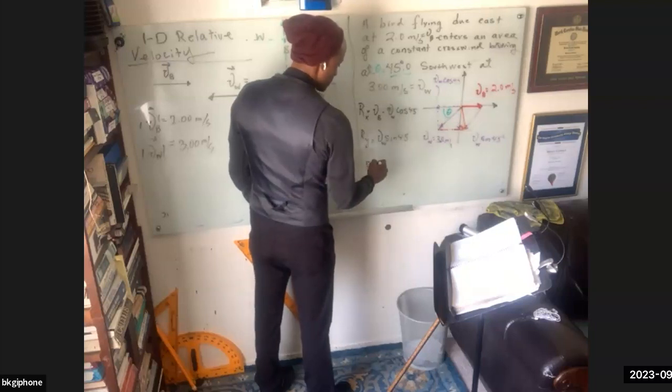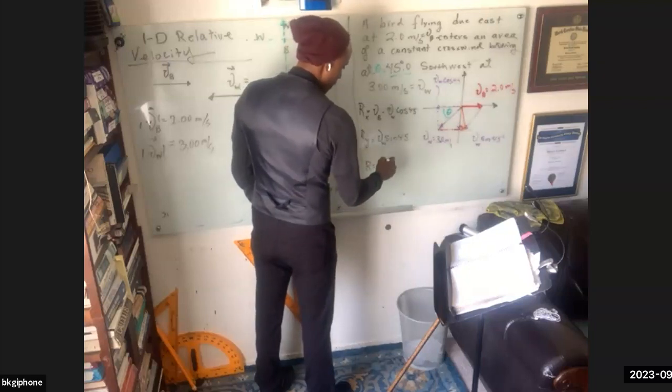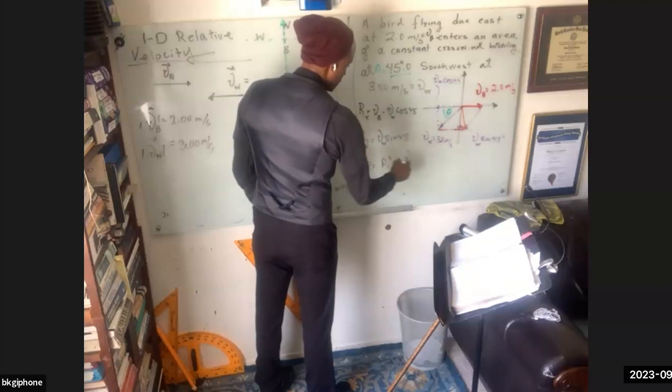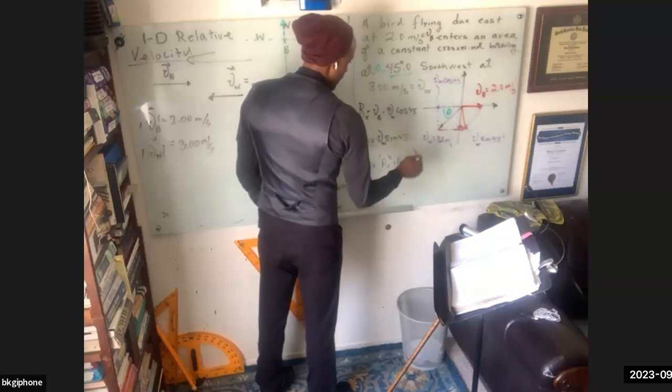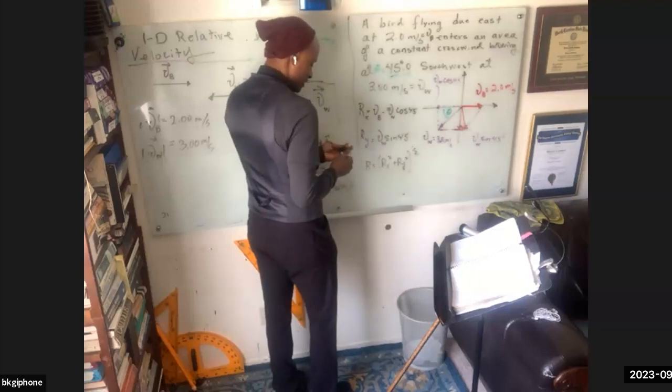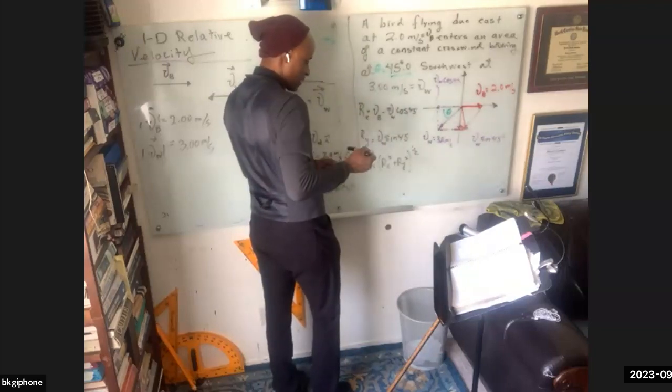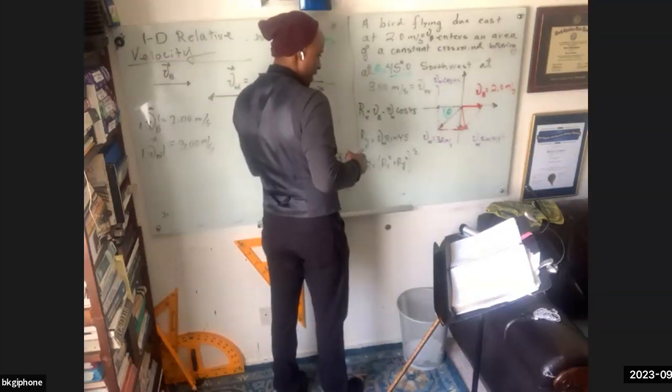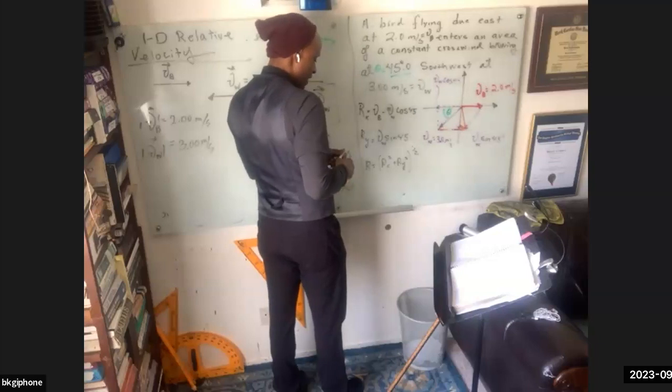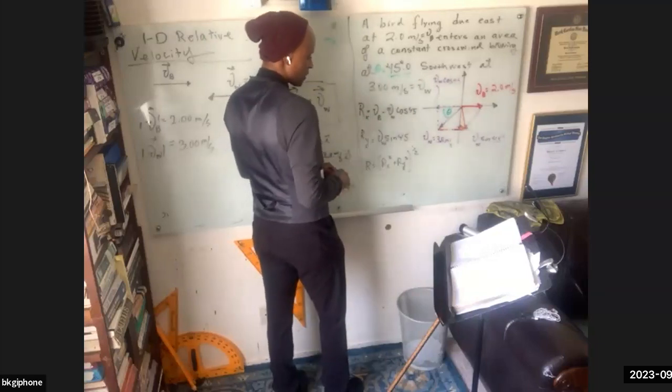And the R is just going to be Rx squared plus Ry squared to the 1/2. And the reference angle, now be careful, when you use this tangent formula, it's always going to be the angle relative to the x-axis in that quadrant.